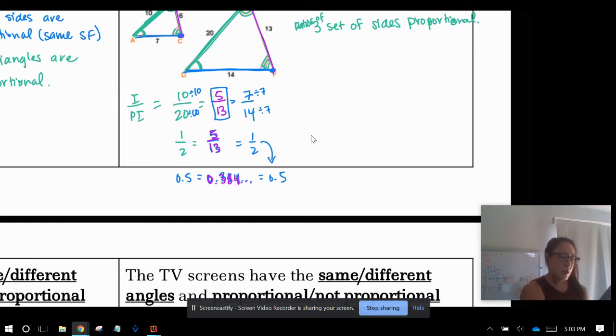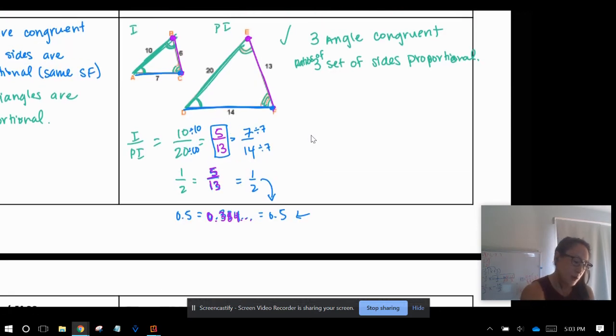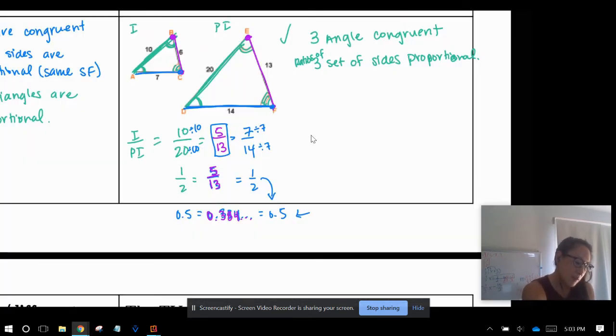So the 3 sets of sides are not proportional. All the scale factors are not the same.